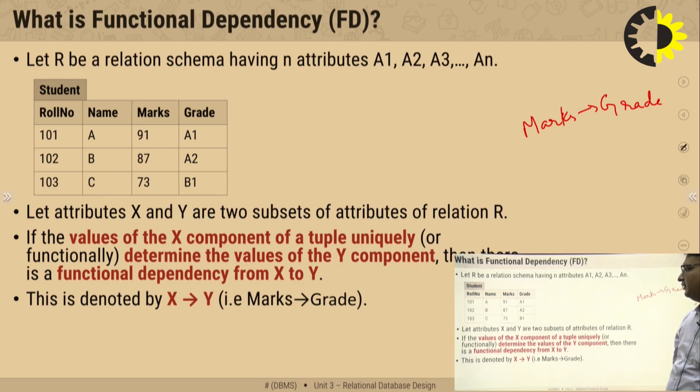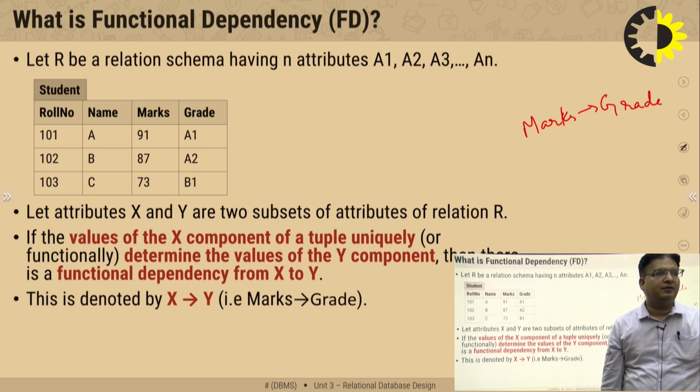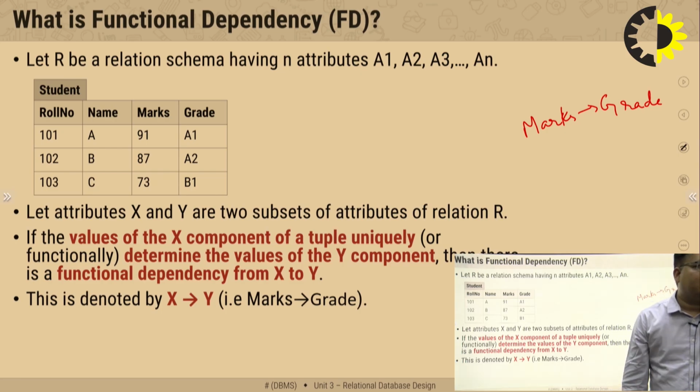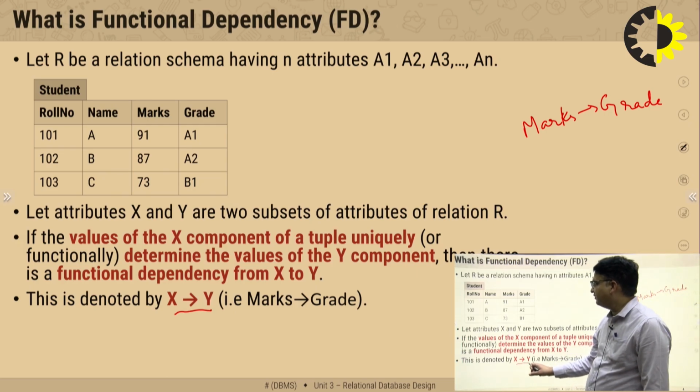So let us generalize the definition. Let x and y be two subsets of the attributes of the relation R. If the values of the x component of a tuple uniquely determine the values of the y component, then there is a functional dependency from x to y, and this is denoted by x determines y.